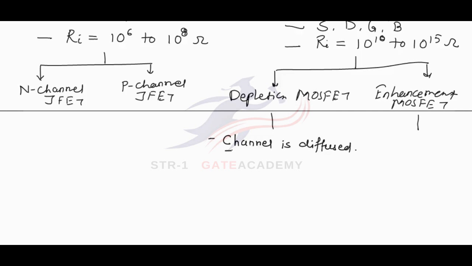Means from the beginning itself, the channel will be there in depletion type MOSFET, while in enhancement type MOSFET, the channel will be induced during operation. If proper biasing is given to the enhancement type MOSFET, then only the channel will be induced and the device will conduct.